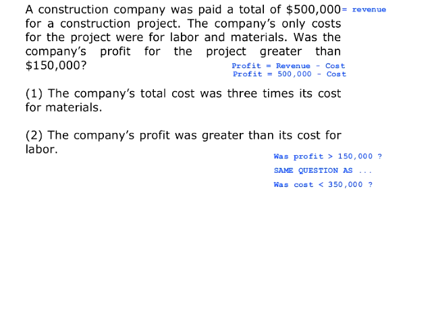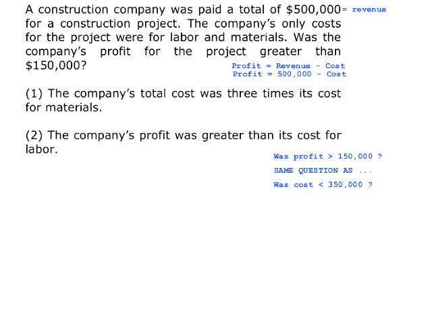You could say profit is greater than 150,000, which you could write algebraically as 500,000 minus C greater than that. Then you could subtract 150,000 and add C. Same sort of thing, so you just think about it either way.